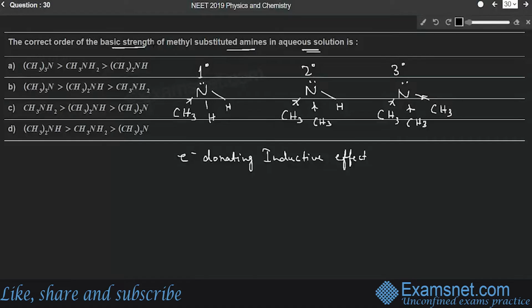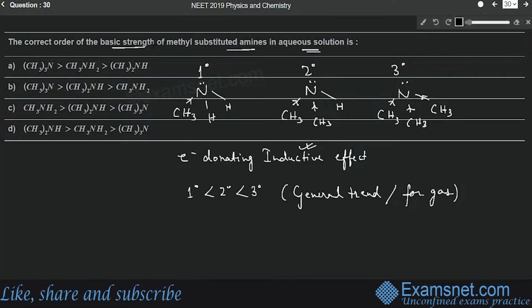That means the electron density will increase in this manner, 1 degree to 2 degree and then 3 degree. So the basic strength should also increase in the same manner. Okay, so this is the general trend. That means for gaseous phase. So this is for gas, because in gas only this effect will be applicable.